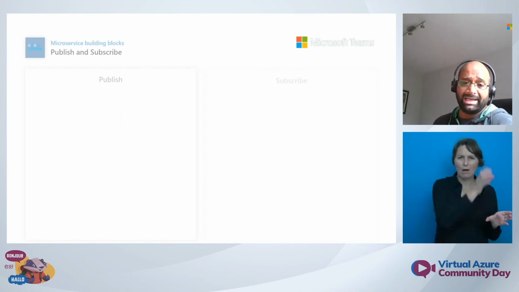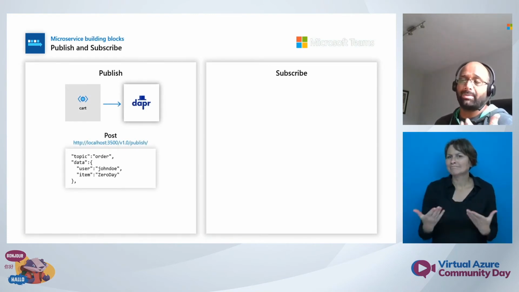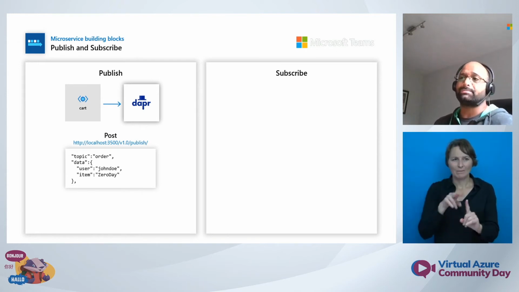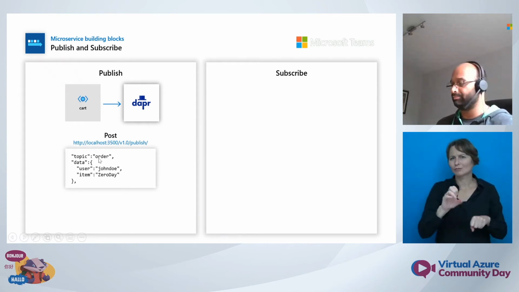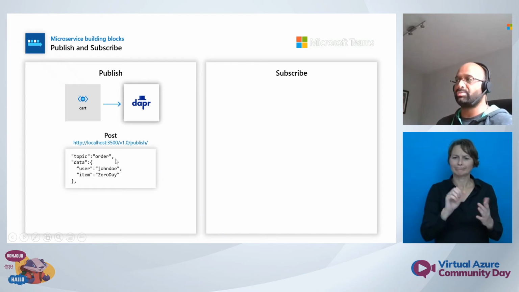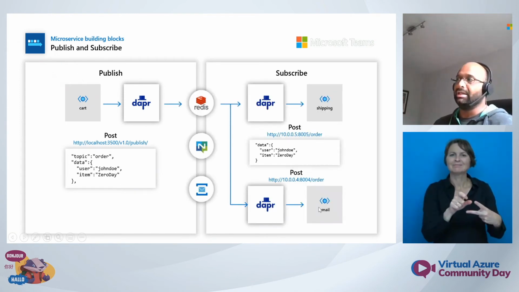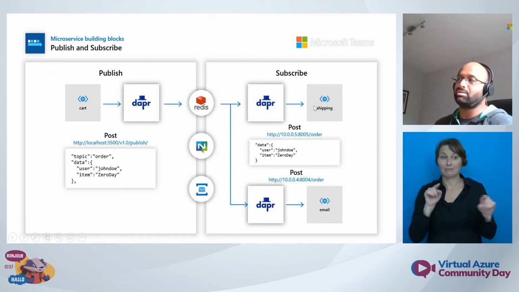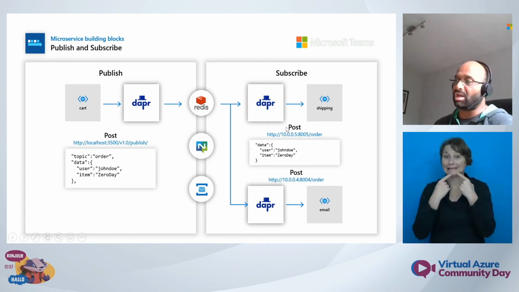The next building block, or next feature, which a microservice application needs is the pub/sub scenario. As you can see, I have a cart application over here and it is publishing a topic, order. Now I have 2 subscribers, the shipping service and the email service. When these services start, they tell their Dapr sidecars which topics they want to subscribe to.